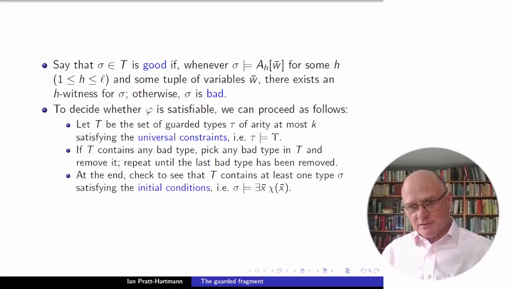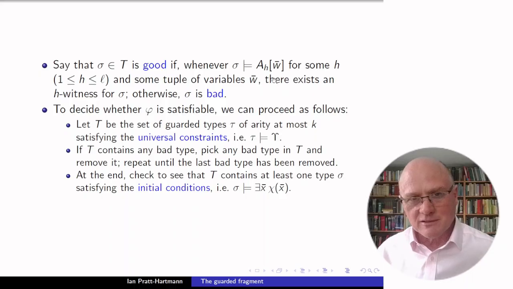So a type is good if whenever it has a tuple satisfying a guard for the hth witness requirement, there is a witness for that tuple.